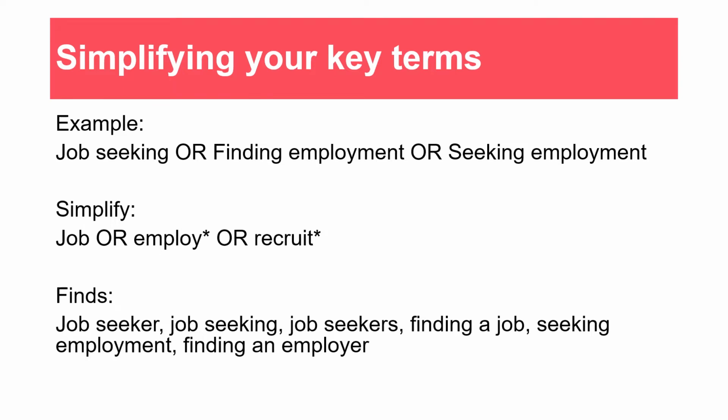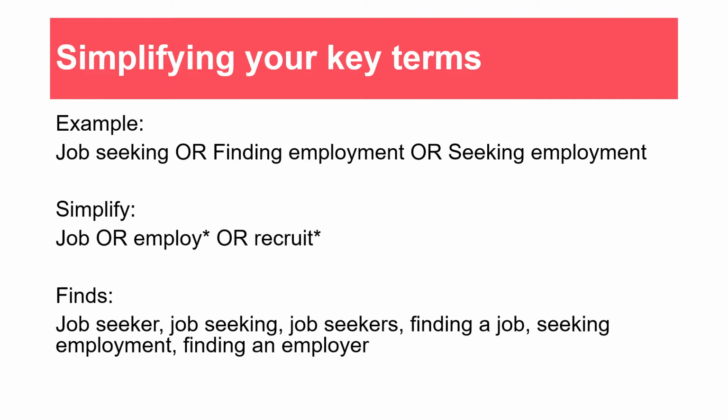And then staying with employment, search for employ with the asterisk symbol, so you're using the truncation mark, you'll find employee, employer, employment. And then perhaps adding in an additional term that's relevant to the topic. So if you're seeking employment, you're likely to be going through the recruitment process.